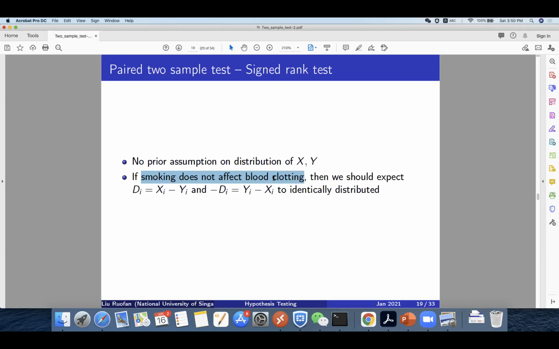If smoking does not affect blood clotting, then we should expect that Di, which is before smoking minus after smoking, and minus Di, which is after smoking minus before smoking, are identically distributed. Because smoking has no effect, so Di and minus Di should be roughly the same.